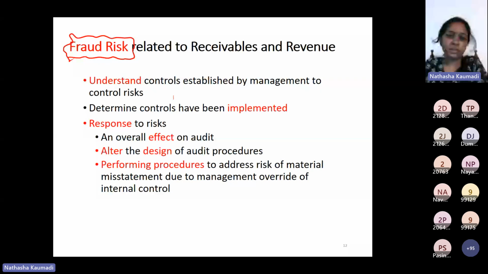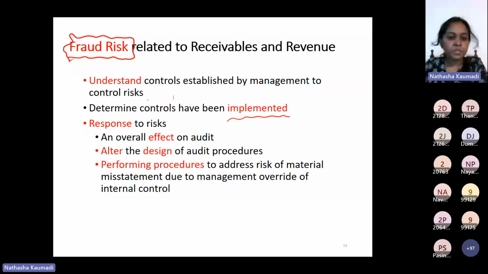Even though there are the best internal controls established and reviewed in the organization, there can still be frauds. So it is not a 100% assurance, but there should be internal controls. So you need to understand those, and then determine whether the controls have been implemented, whether these internal controls are operating effectively or not, and whether they have been properly implemented in the organization.